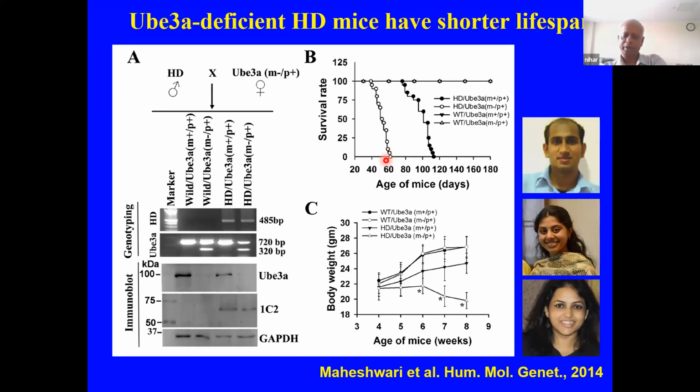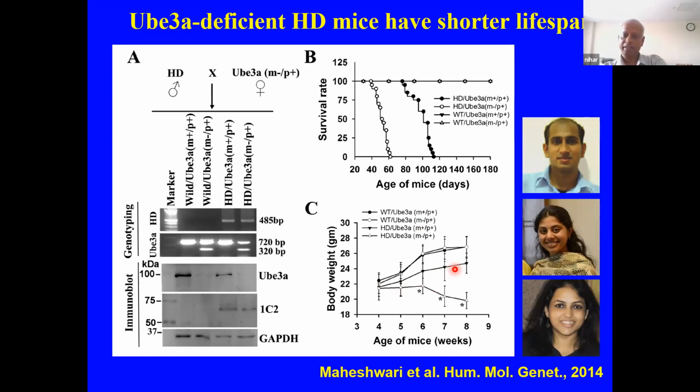So you could think that if you remove Ube3a from the neuron of Huntington disease mice, you aggravate the disease process. At least the lifespan is halved. And the body weight also changed dramatically; it significantly dropped compared to the Huntington disease mice.